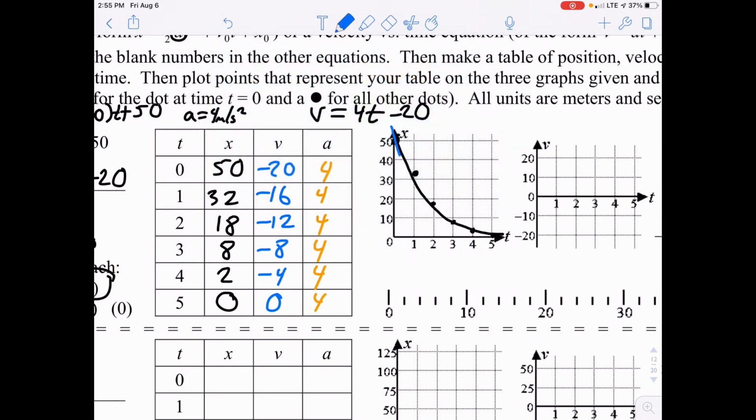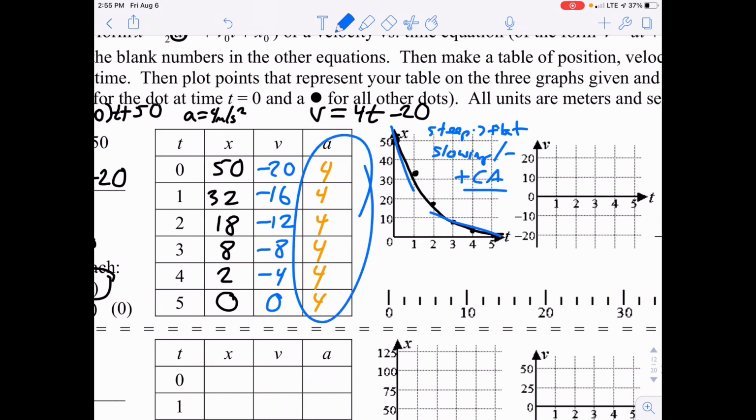We have a decreasing slope, so we are going from steep to flat, which means we're slowing down. Steep to flat curve means you are slowing, but you're slowing with a negative slope. You're slowing in the negative direction. That is overall positive constant acceleration, which we have right here.